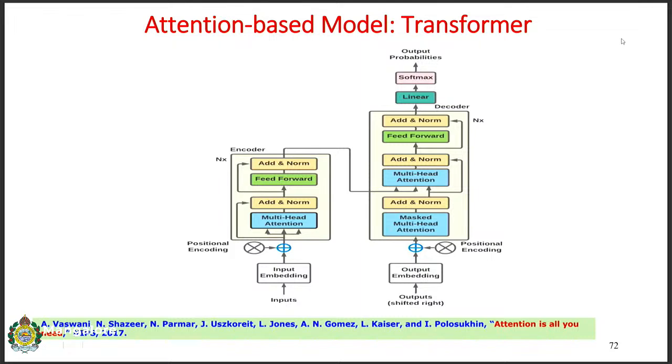That's why you can see there is a multi-head attention here also, and here also we get a representation of this Hindi sentence. Now I need to relate the representation of the English sentence and the representation of the Hindi sentence. That we do by one more type of attention, the cross-attention here. So here we do self-attention for the input sentence, and here we do self-attention for the target sentence.